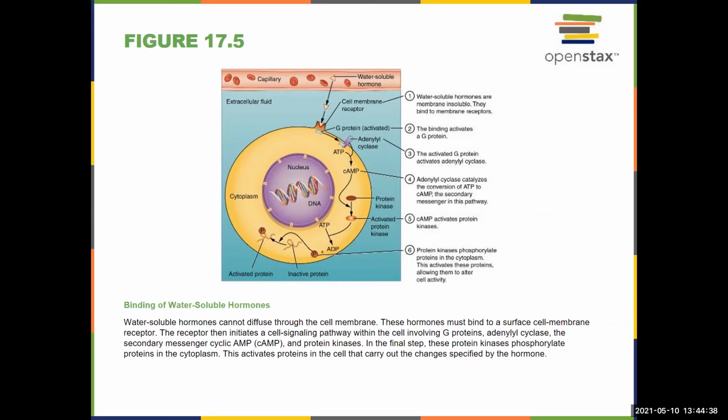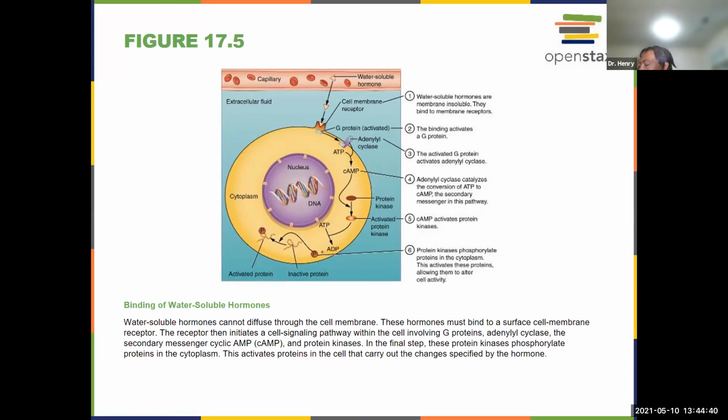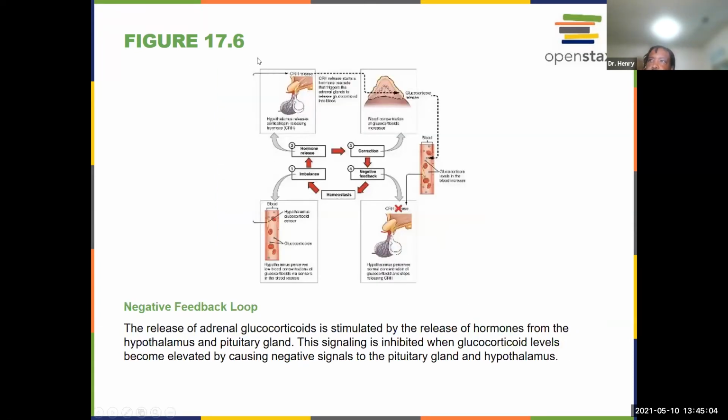Okay, so a negative feedback loop does something a little bit different. You'll get the thing started, but it'll also serve as an inhibitor for the things to be shut off. Does that make sense? Let me give you an example.